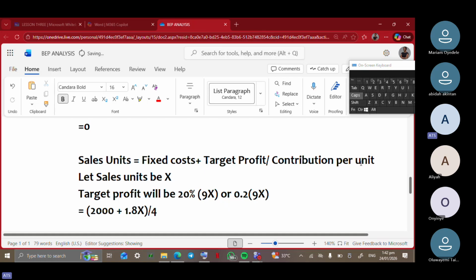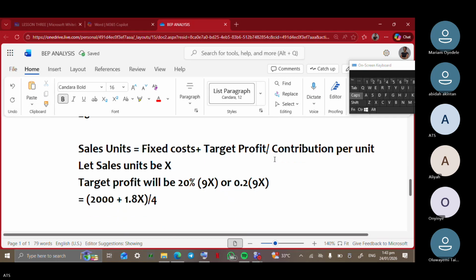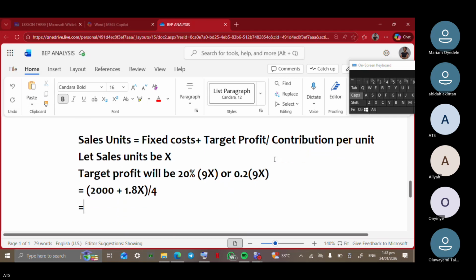Your contribution per unit is still 4. So what we're looking for is x. x is equal to 2000 plus 1.8x over 4.